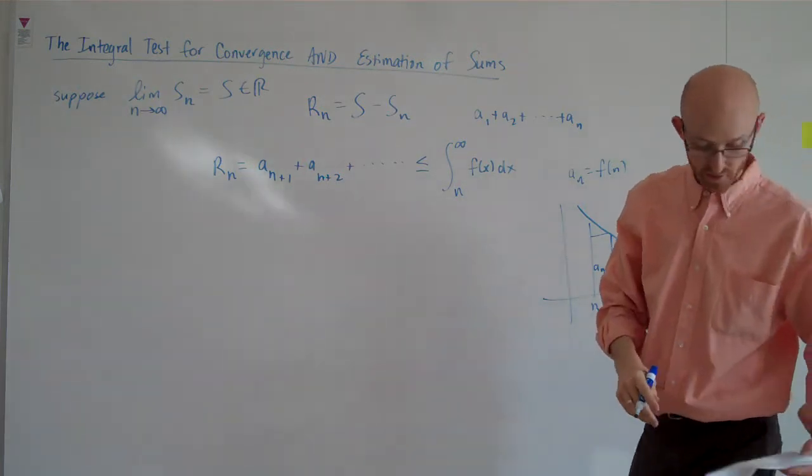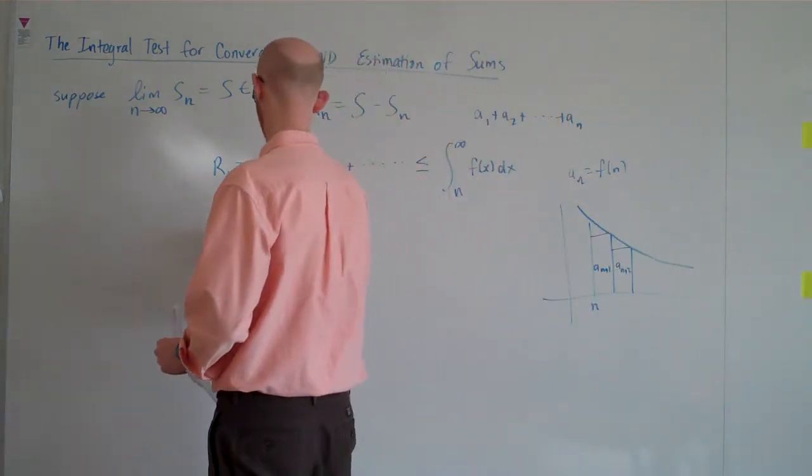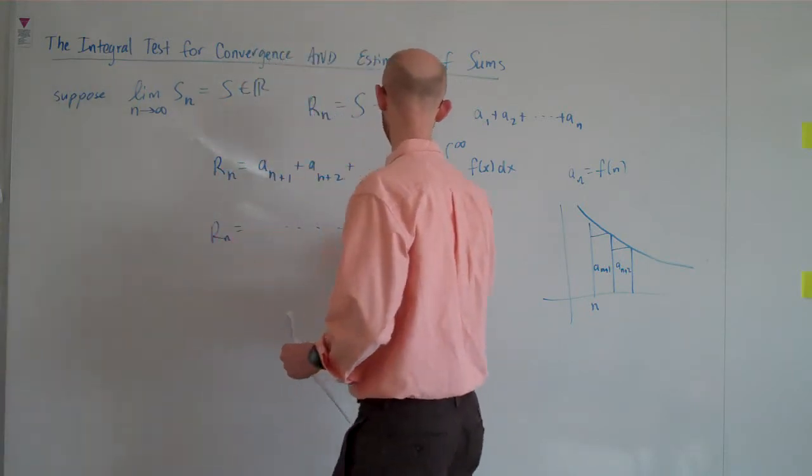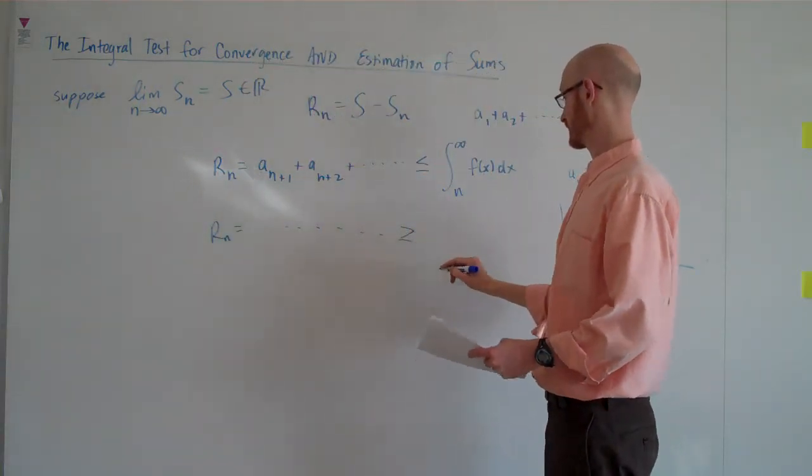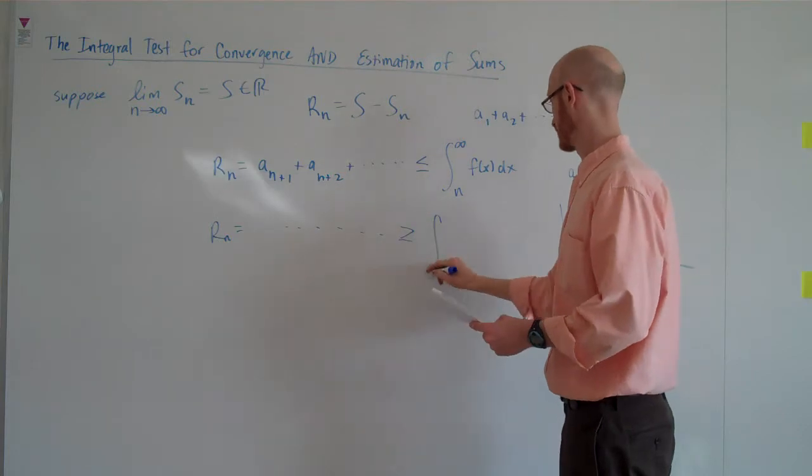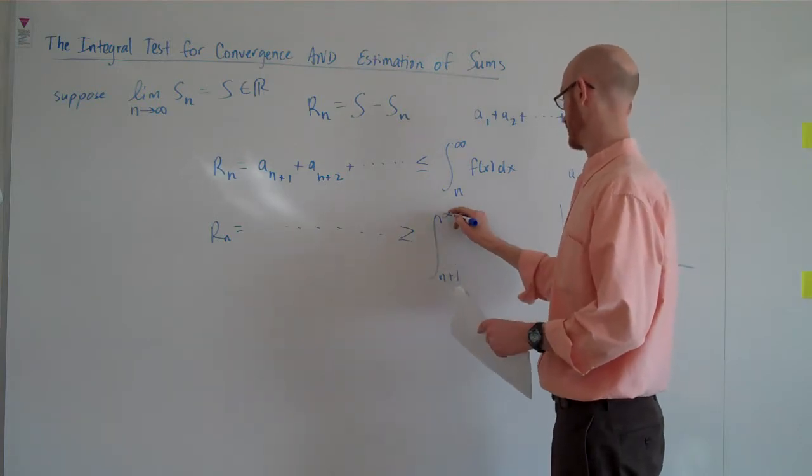Okay, now it's also r sub n, which is equal to all that stuff we just said. It's also going to be greater than the integral from n plus 1 to infinity.